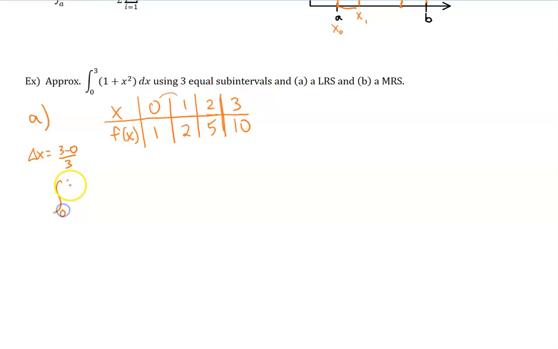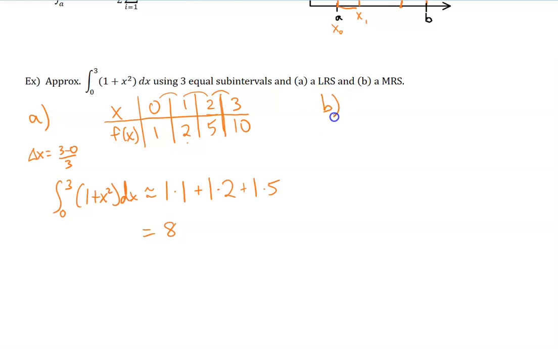My integral, 0 to 3 of 1 plus x squared dx, is approximately equal to a width of 1 times a height of 1, plus a width of 1 times, because this is the width of the second subinterval, and now we're using f of 1 as the height for the second rectangle, so 2, and then plus a width of 1 here times a height of 5. So we get 1 plus 2 plus 5, which is 8.